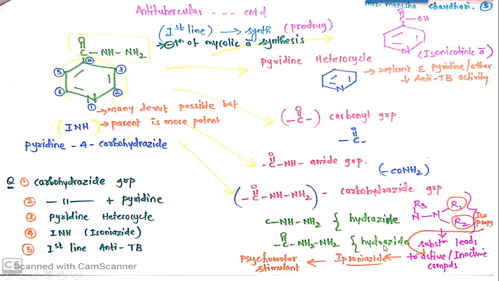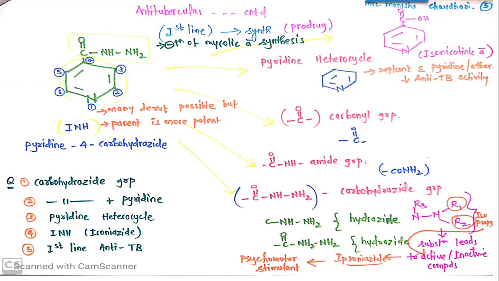Now in CONH NH2 there are two nitrogens, this is first, this is second. If instead of H there are substituents on the nitrogen, and instead of this H2, if substituents are present, then they can lead to active or inactive compounds.